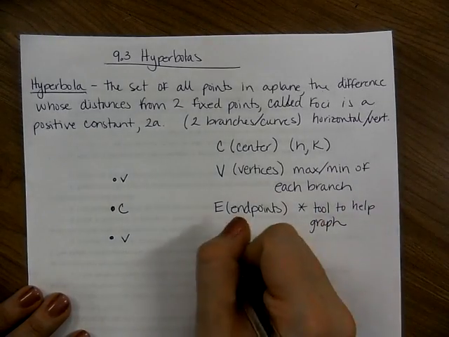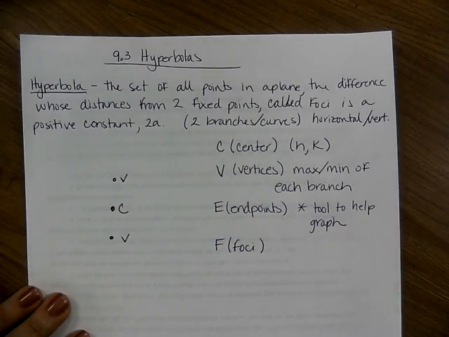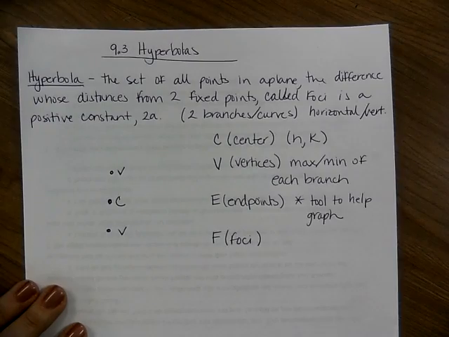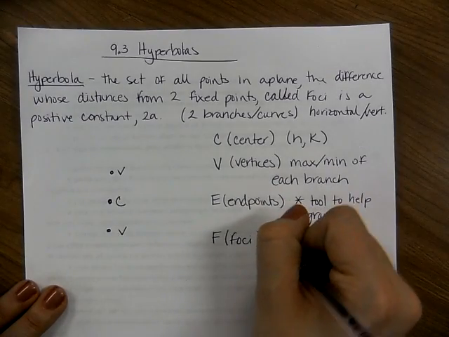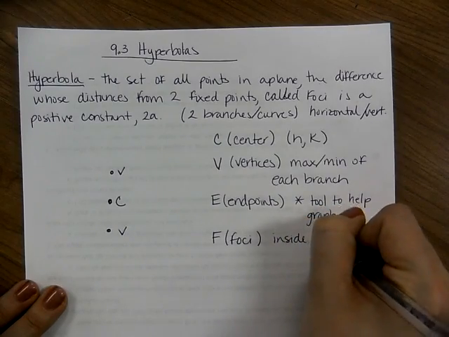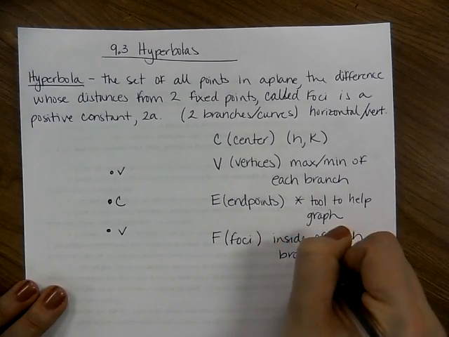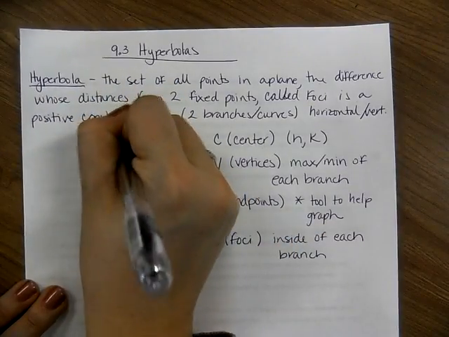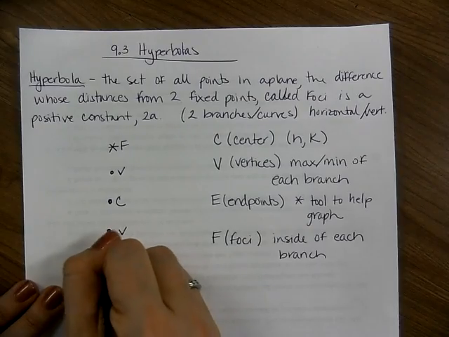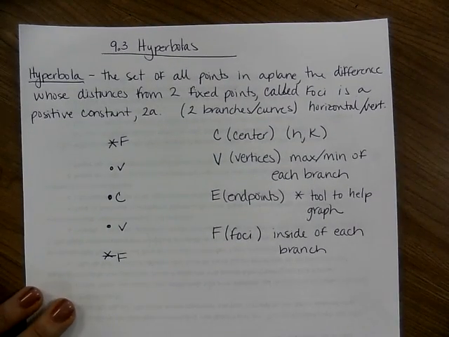And then there are going to be foci, just like there were before. Okay. And the foci are inside of each branch. Okay, so here let's just mark this with an asterisk and an F. Same thing down here.